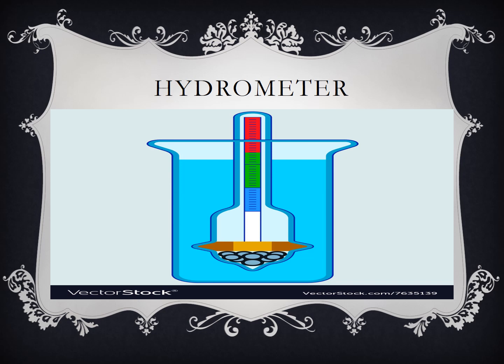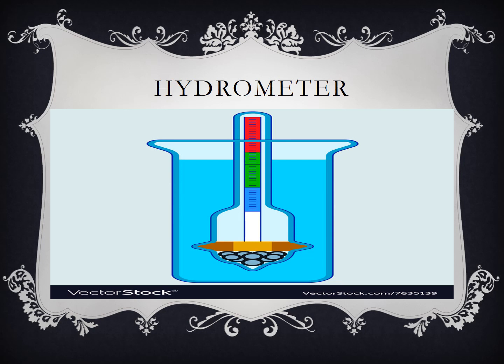That one is covered, so we can't see the bulb. The bulb is the lead shot. It consists of a cylindrical stem having a spherical bulb at its lower end and a narrow tube at its upper end.